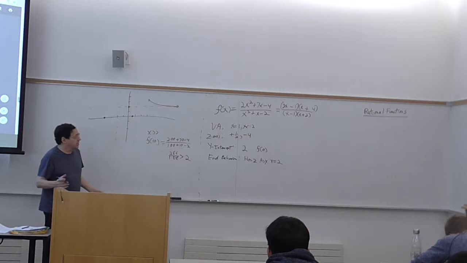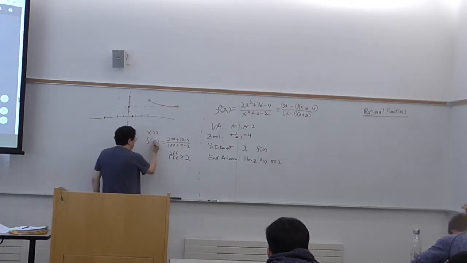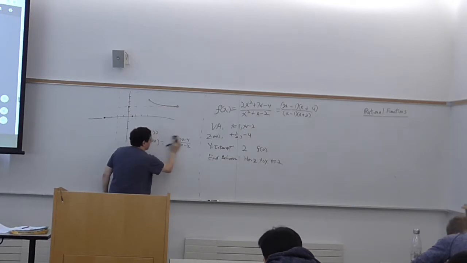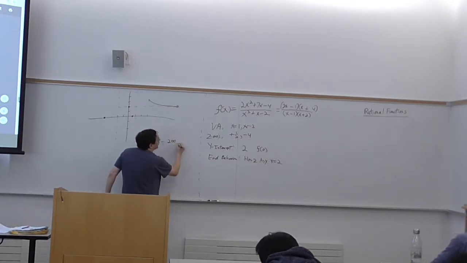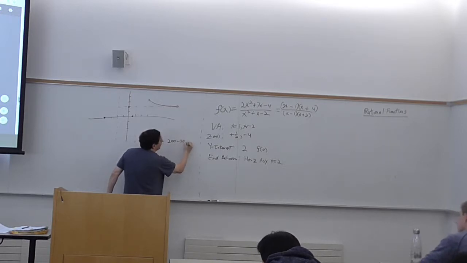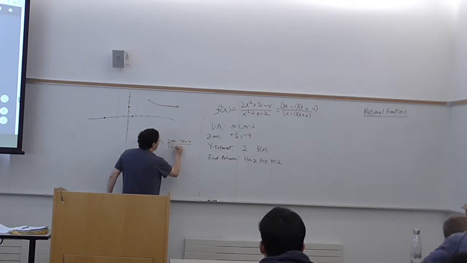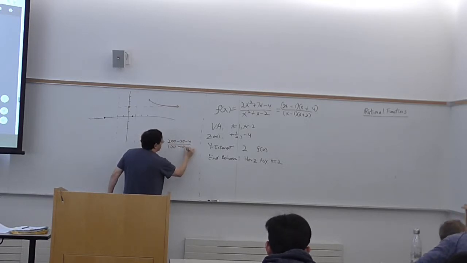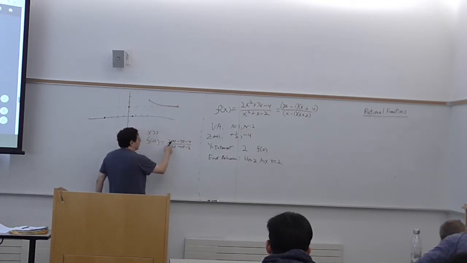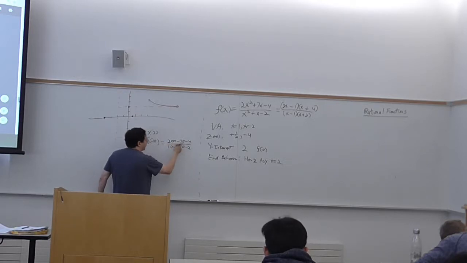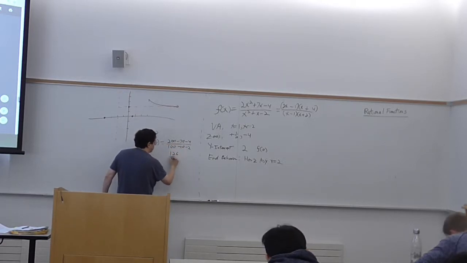On the other hand, if I'm out here very negatively, let's try -10, see what that gives us. Again, 200. Now minus 70 minus 4 over 100 minus 10 minus 2. Say that's 130 minus 4 is 126.